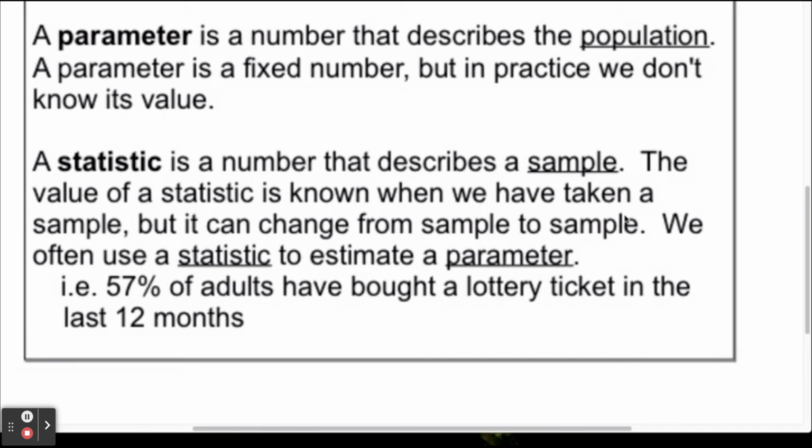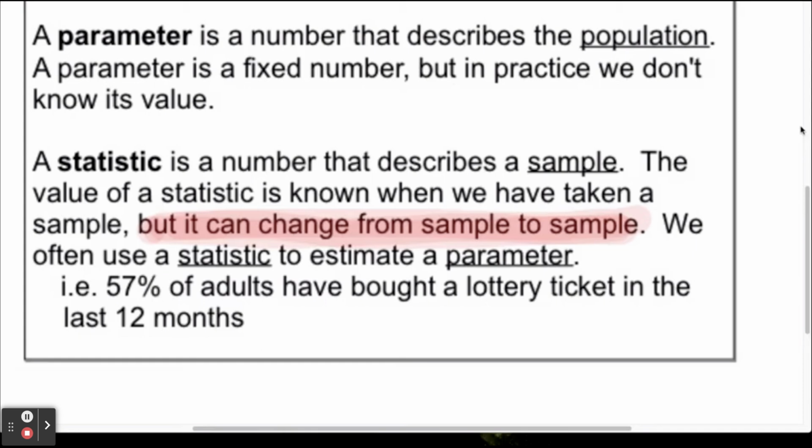Okay. One thing I want to stop on for a second is the second sentence, where it says, but it can change from sample to sample. Think about this survey they took regarding lottery tickets.